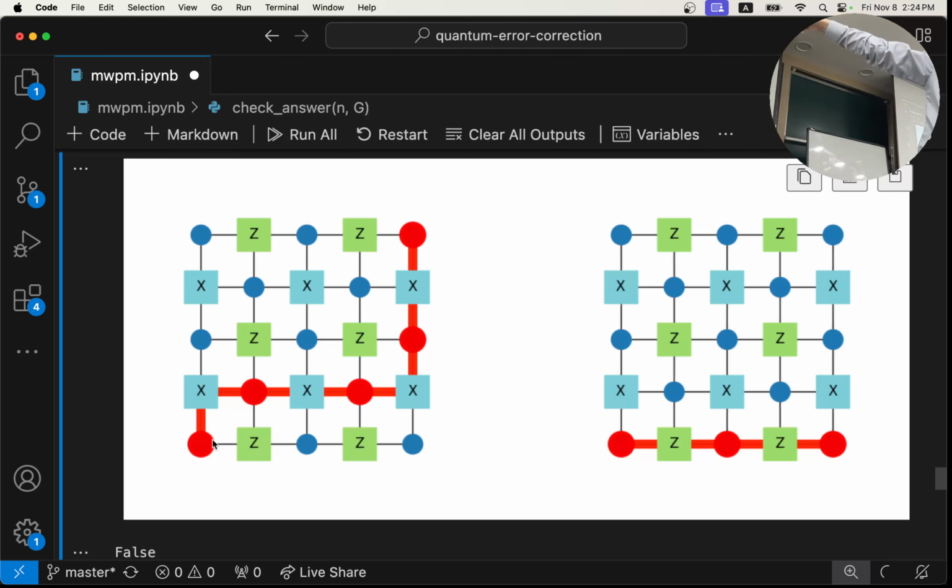If the quantum state encoded in this whole set of data qubits has eigenvalue minus 1, we call it logical ket 1. So we don't care what the actual quantum state on these data qubits is. We only care whether that state is in the plus 1 eigenstate or minus 1 eigenstate. This chain of errors doesn't change the eigenvalue. That's the point. Okay? So therefore we successfully corrected an error. That's what we are doing here.